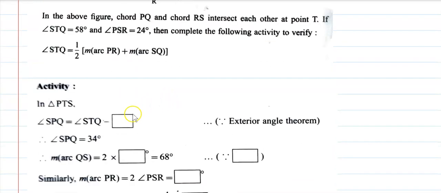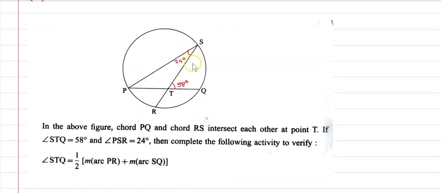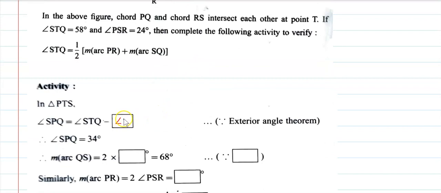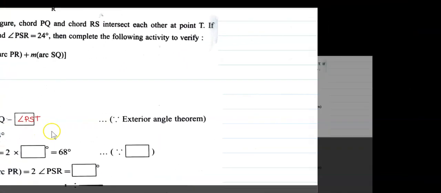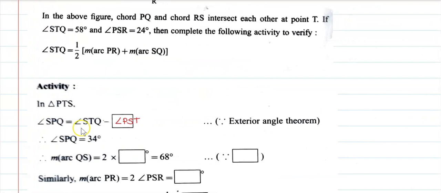PST. Okay. So here I will write angle PST. Which theorem? That is the exterior angle theorem. The measure of the exterior angle is equal to the sum of its remote interior angles. Therefore, measure of angle SPQ is equal to angle STQ minus angle PST.